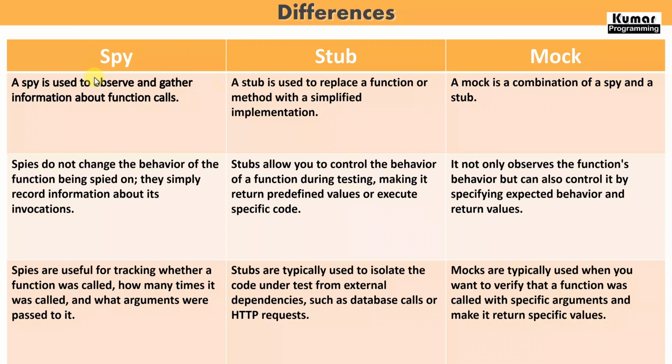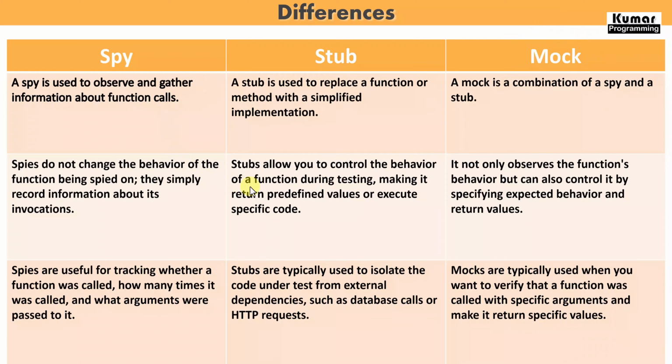Okay, a spy is just used to gather information about the function invocation, a stub changes the behavior of the function, and a mock gathers the information about the function call as well as changes the behavior of the function. It will be more clear once we see all these differences in our practical demonstration.